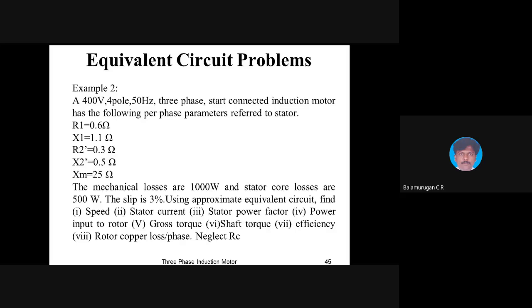Now you check the answer. You should get some angle; 0 degree will not come. Magnitude is right, okay. What about the angle?